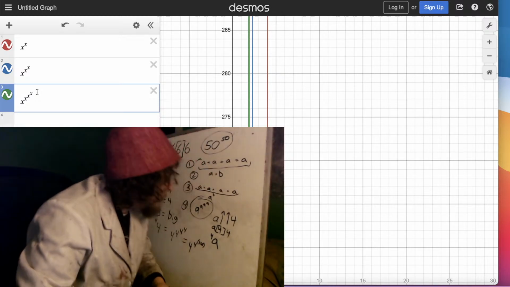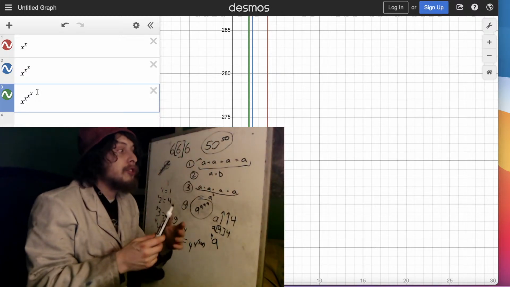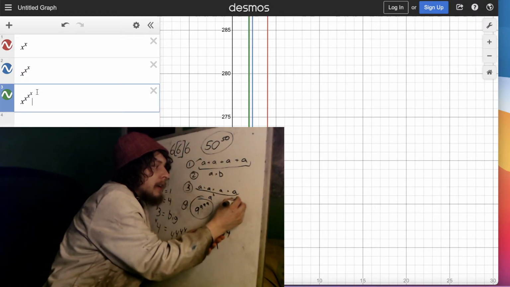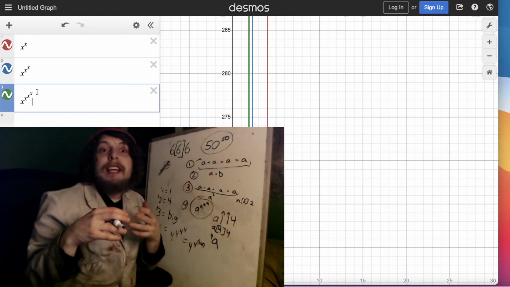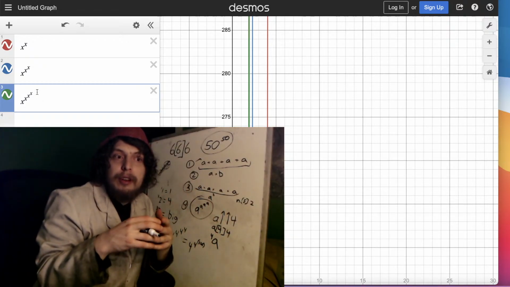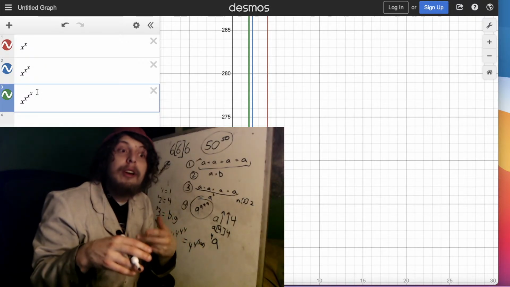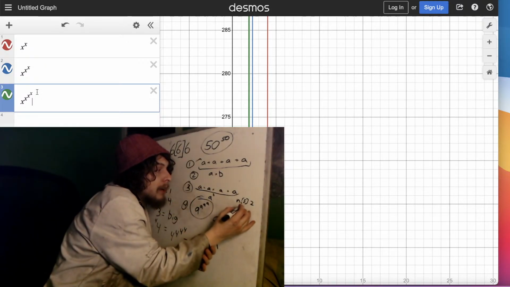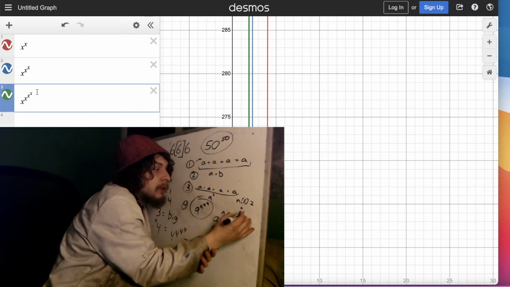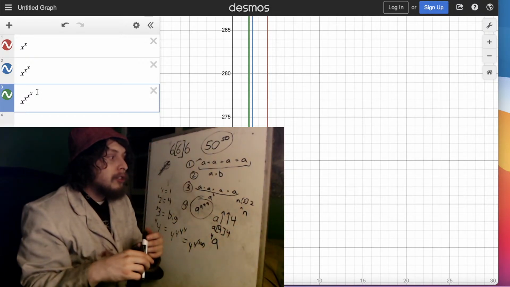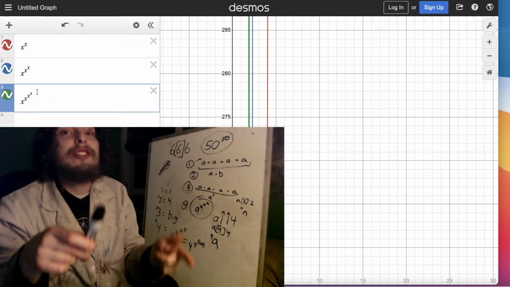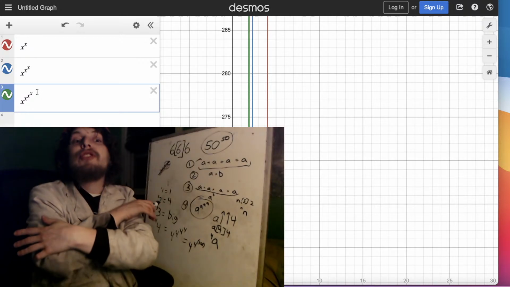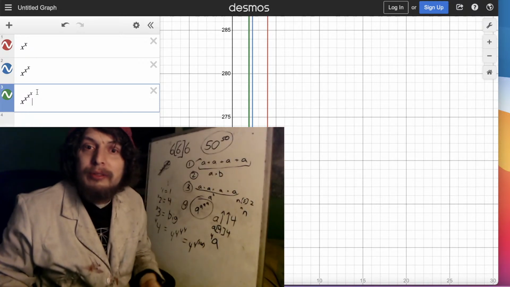Well, if I pentate n to 2, that means I have a stack of tetration with a height, including the base, of 2. So that means I would have n tetrated to n. So this shows us that 4 pentated to 2 is that absurd number we talked about.